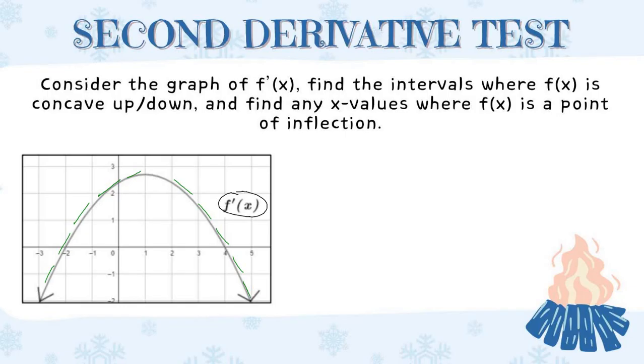And where do those change? That one. So we would say that f double prime of x is going to be, we'll start positive. Where?